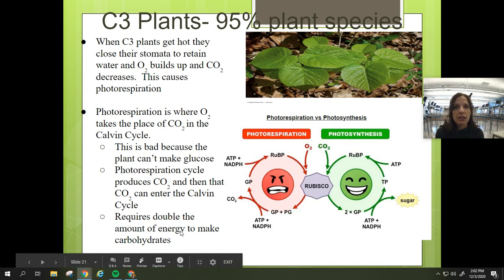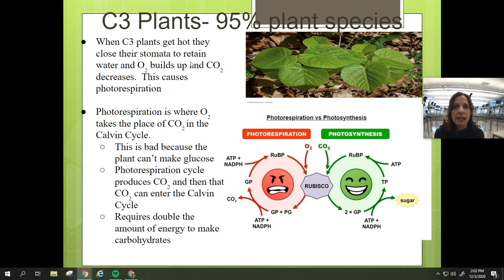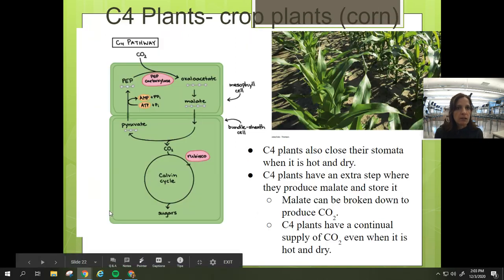And so it requires double the amount of energy to make the carbohydrates. So if you think, well, why do plants do that? Why haven't they evolved? Well, remember, we didn't have oxygen in our atmosphere in the beginning. And so this wasn't a problem. And it must not be that much of a problem, or else more plants would be different.